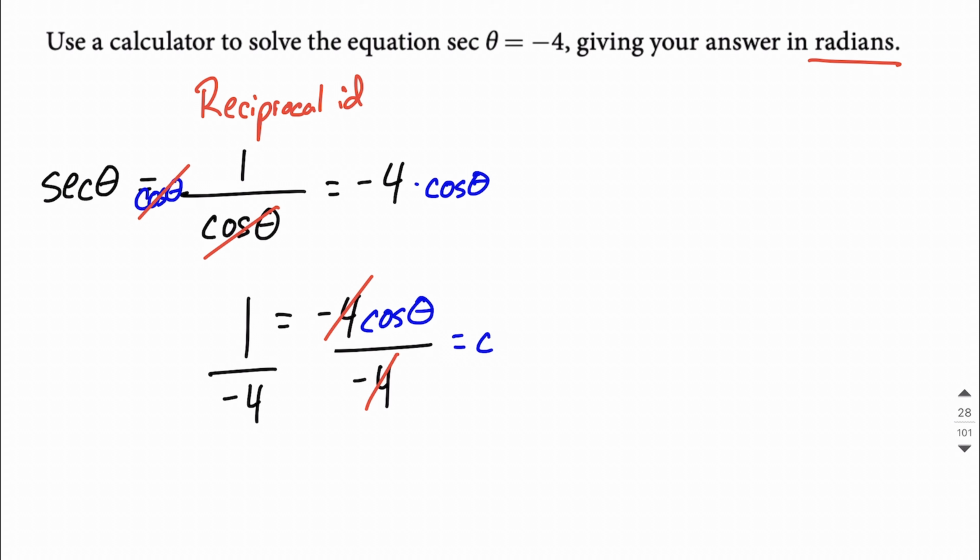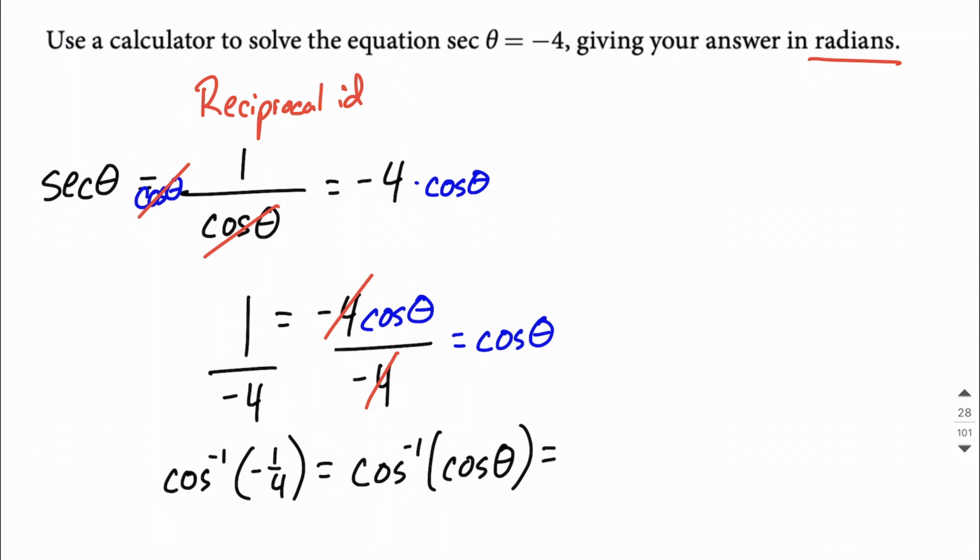All right, this gets us the cosine of theta on one side by itself. We need to get theta out from inside of that cosine, so what we'll do is apply a cosine inverse or arc cosine to both sides. So we're going to do cosine inverse or arc cosine of -1 over 4, and then arc cosine on this side.